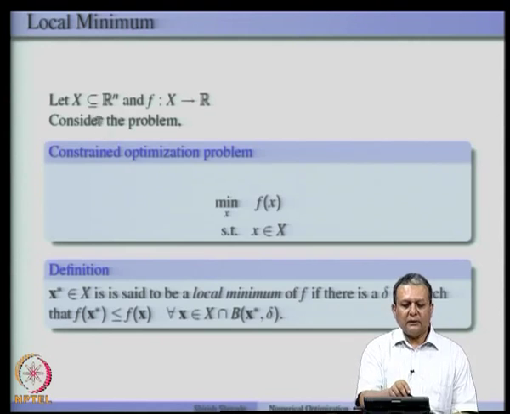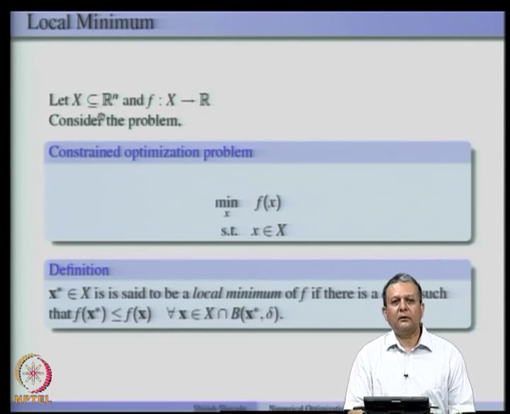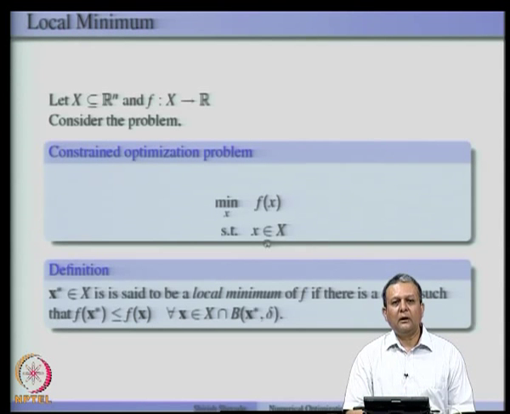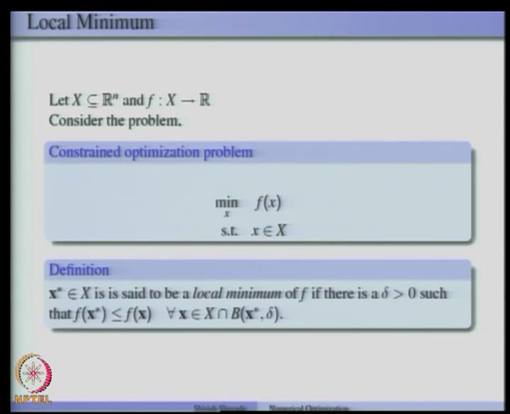Again let us consider X to be a subset of R^n and f to be a function from X to R, and let us consider a constrained optimization problem, where we are trying to minimize f(x) subject to x belongs to X. Now, x star belonging to X is said to be a local minimum of f if there is a delta greater than 0 such that in the delta neighborhood of x star the value of the function is less than or equal to the value of the function at all points in the neighborhood.